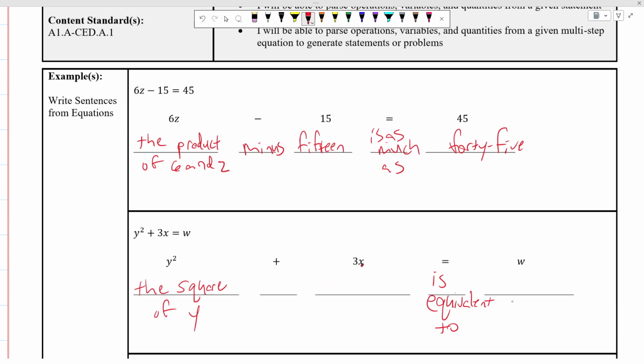Anyways, let's see here. This one, I see another variable. I recognize it is being multiplied by 3, and you can see it represented as perhaps again 3 times x. You could also see it represented as the product of 3 and x. Let's see, this w is just all by its lonesome, so you could just leave it as w here. And then this here, you could say "added to".